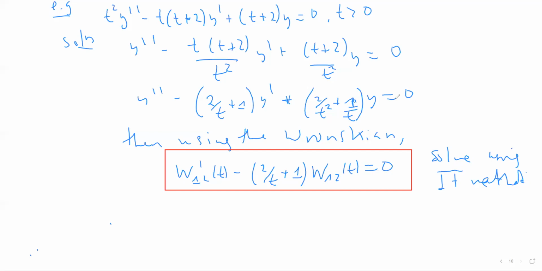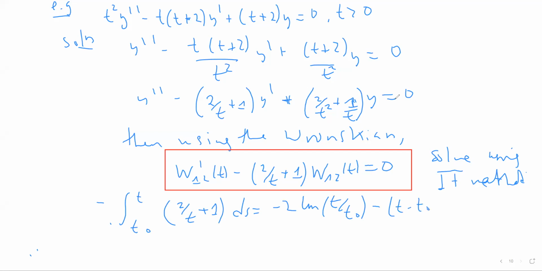For this example, all we need to do is find the integral of this term, ds, which is minus 2 ln(t over t0) minus t0, which is equal to minus ln(t over t0) squared, t minus t0.